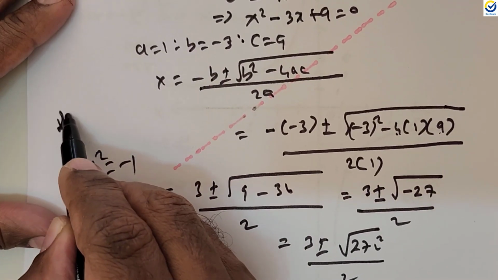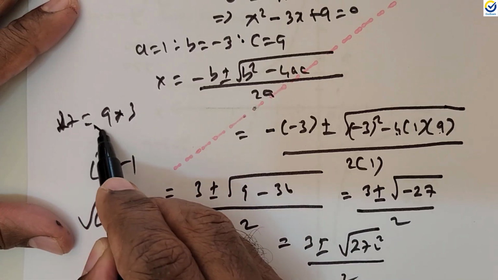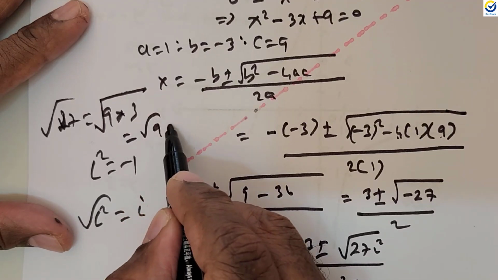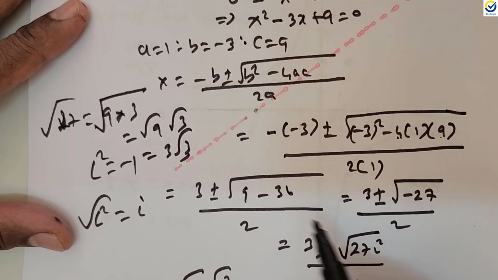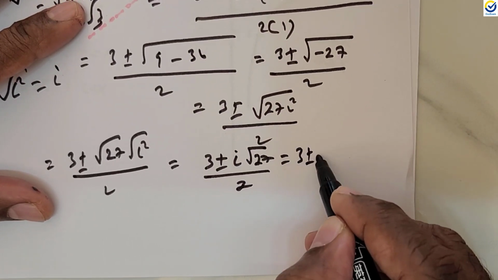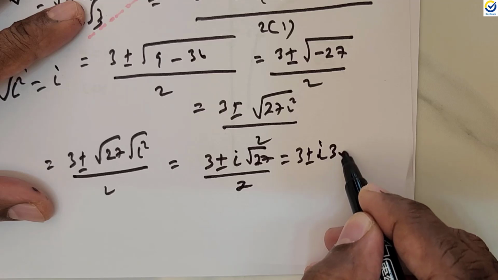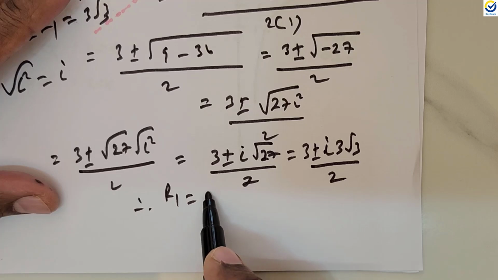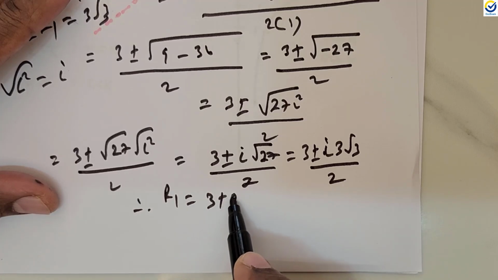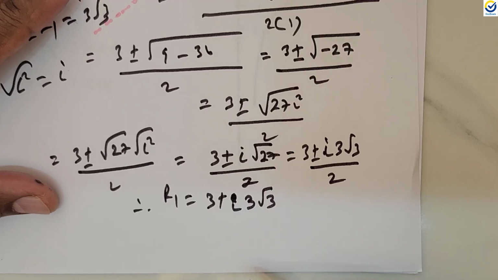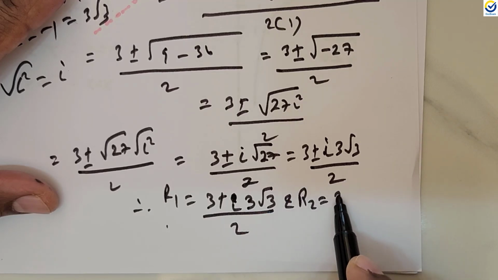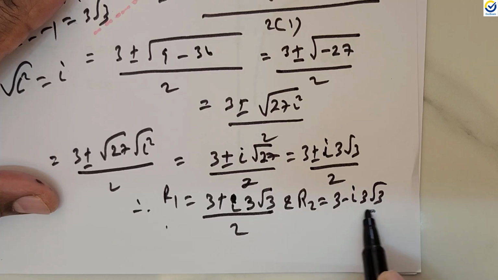Now 27 you can write as 9 into 3, so root 27 is root 9 times root 3, which is 3 root 3. So this is (3 ± i times 3 root 3) divided by 2.